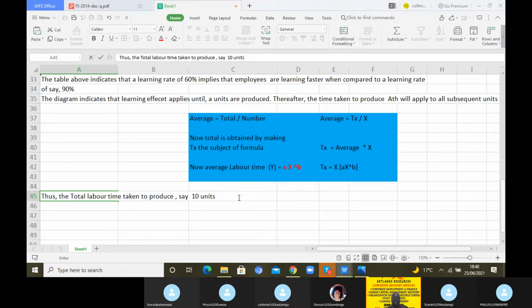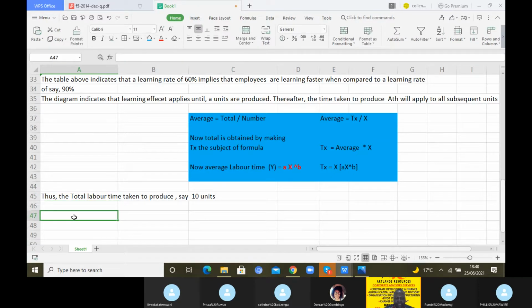The total labor time taken to produce 10 units, you then say T10. T10 equals average of 10 multiplied by 10. Average of 10 is A times 10 to the power B. Remember, X is 10 in this case.